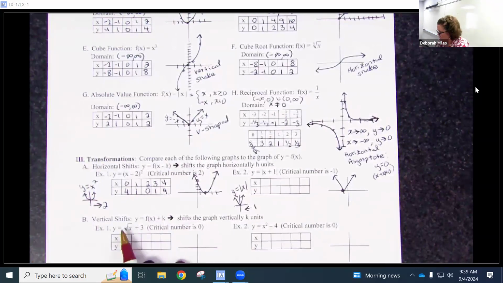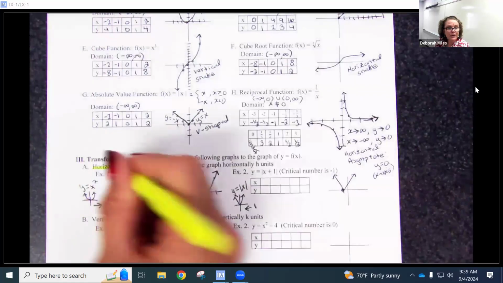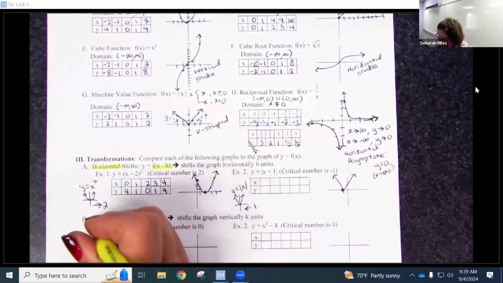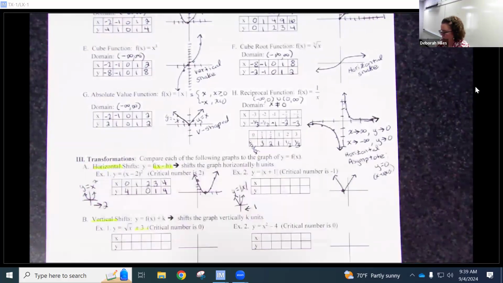Maybe I'll highlight 2 things for you. The horizontal shift is what you subtract before you apply the function. The vertical shift is what you add after you apply the function.